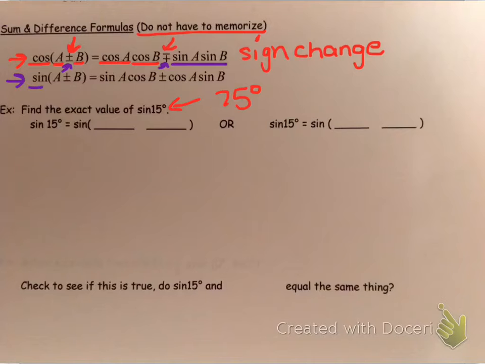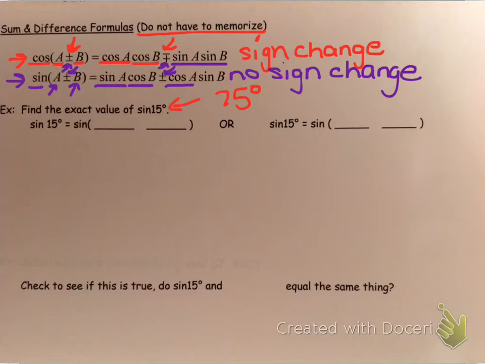If I want to do sine of one angle, and then I want to add, so top symbol again, another angle to it, I do the sine of the first angle times the cosine of the second, and then I still need to use the top symbol. So there's no sign change, because I'm going to add the trig values because I added the angles. And then I'm going to do cosine of the first angle times sine of the second, which seems very strange, but we're going to try it.